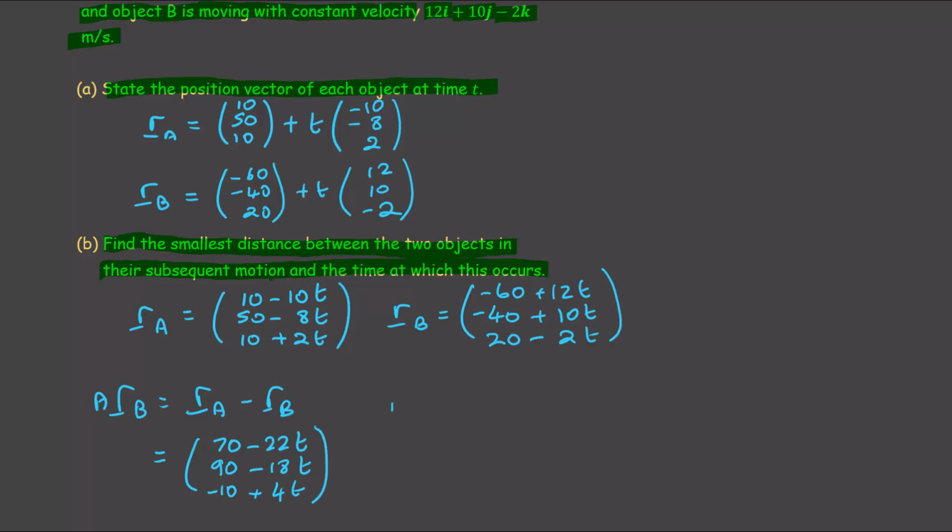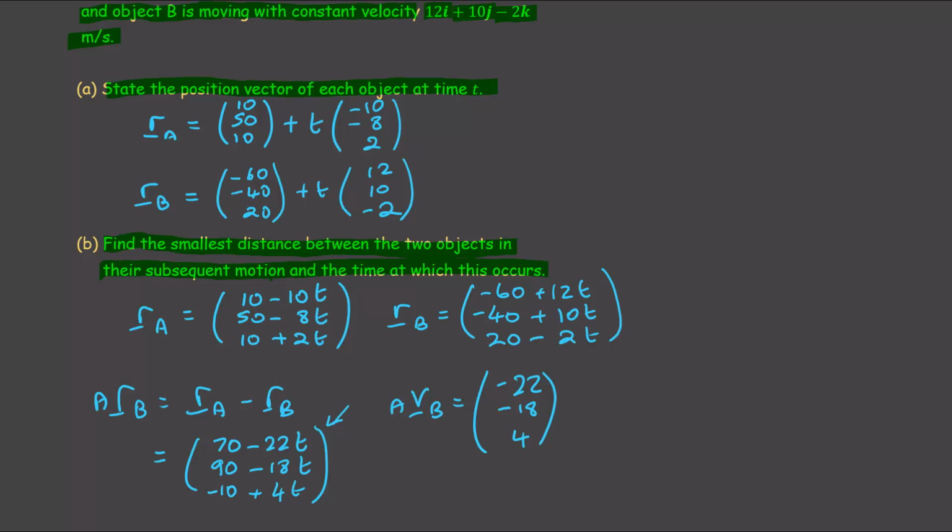And then that means that the relative velocity we can just pick off from the t coefficients here. So that's going to be negative 22, negative 18, 4.